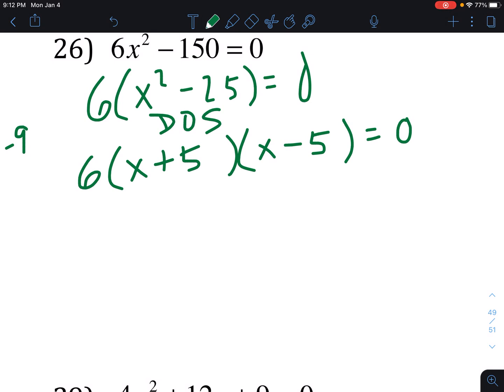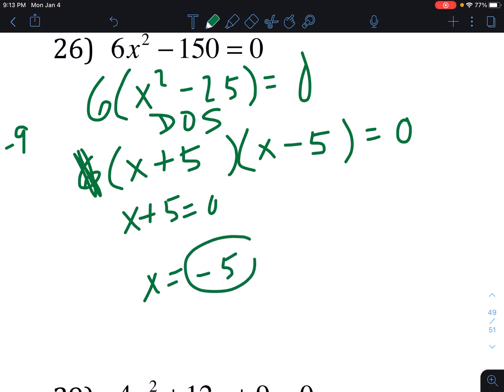Easy stuff. And then for the answers, the 6 does not have an x with it, so you can just get rid of it. And then the others, set them equal to 0. So subtract 5. Nope, that turned out ugly. And then the other one, add 5.